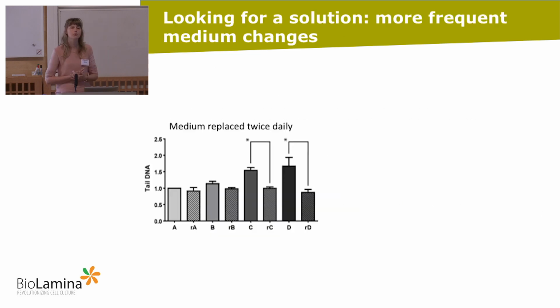We went to check if this had any impact on the genome integrity, and this time we used FISH, because as I said, the array CGH is very labor intensive and expensive.